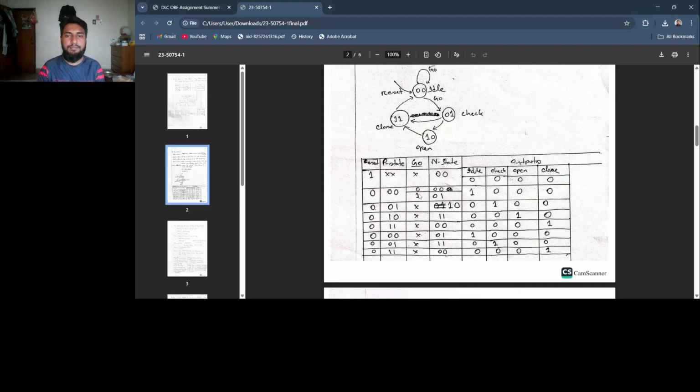Now present state 00, go 0, next state 00, then all outputs are 0. If go is 1, the next state is 01, which means idle to check.